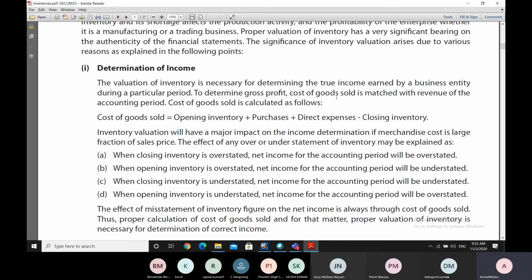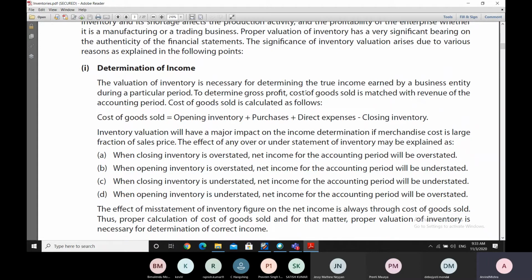Now, to calculate the cost of goods sold, we start with the opening inventory, then add the purchases, then add the direct expenses of the purchase, and then reduce the closing inventory. Unless you reduce the closing inventory here, you won't be able to find the cost of goods sold.